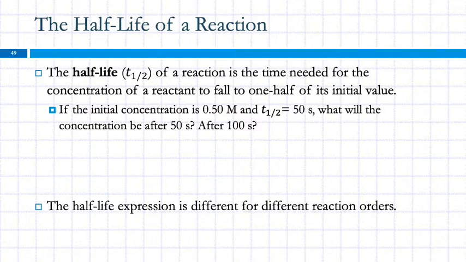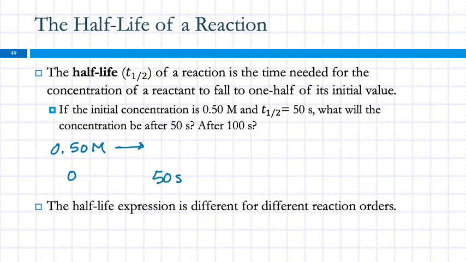So if we look at an example, if the initial concentration is 0.5 and the half-life is 50 seconds, what will the concentration be after 50 seconds? We're starting out at 0.5 molar at 0, and we go to 50 seconds.